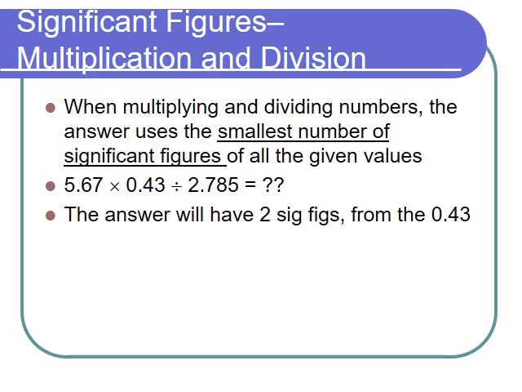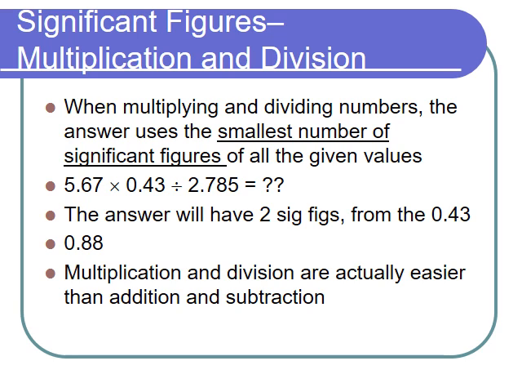The answer will have 2 significant figures from one of our given values, 0.43. I get 0.88. Multiplication and division are actually easier than addition and subtraction. Also note that addition and subtraction can change the number of significant figures of your answer.